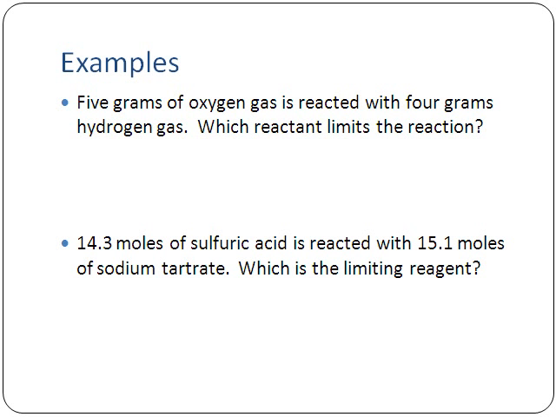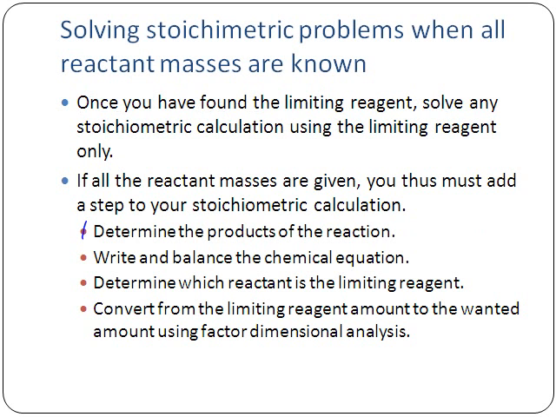So if all the reactant masses are given, you must add a step to your stoichiometric calculation, a step to the ones that we did before. First step we talked about here is you want to determine the products of the reaction. Second step, write and balance the chemical equation, same as it was before. Third step has now changed. Third step is now determine which reactant is the limiting one, the limiting reagent.